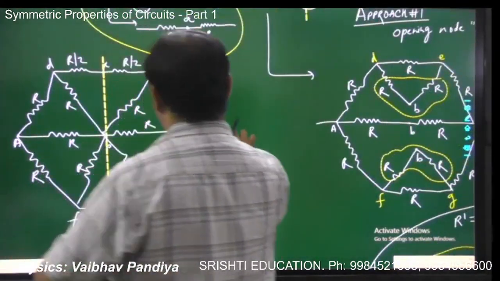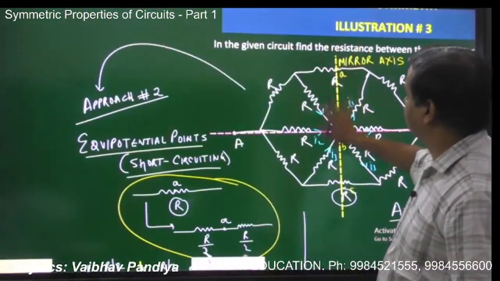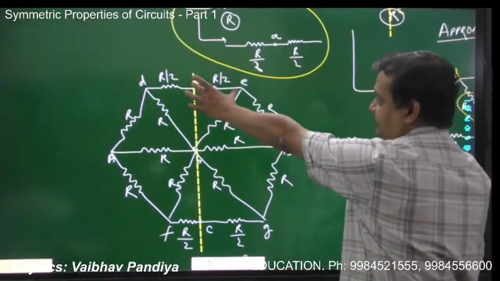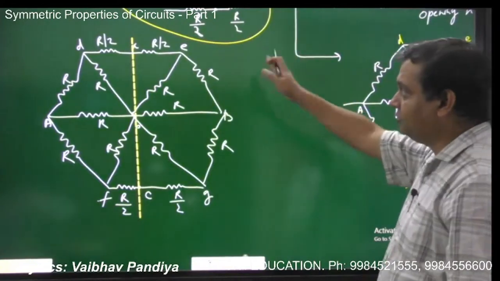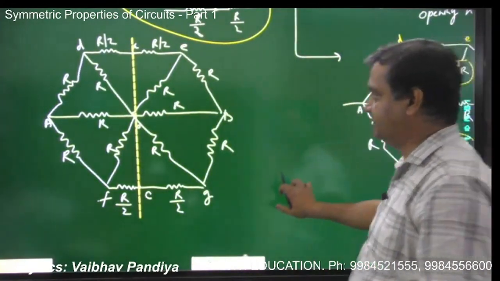So see what I did in the first step, I have broken this R in two equal resistors in series, each of half the value of the resistor to be broken, R by 2 each.